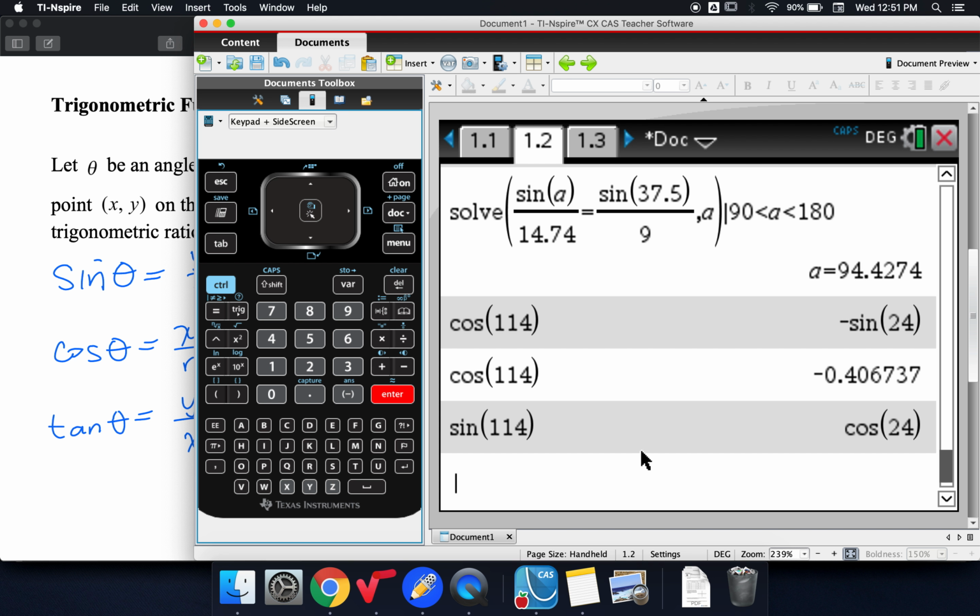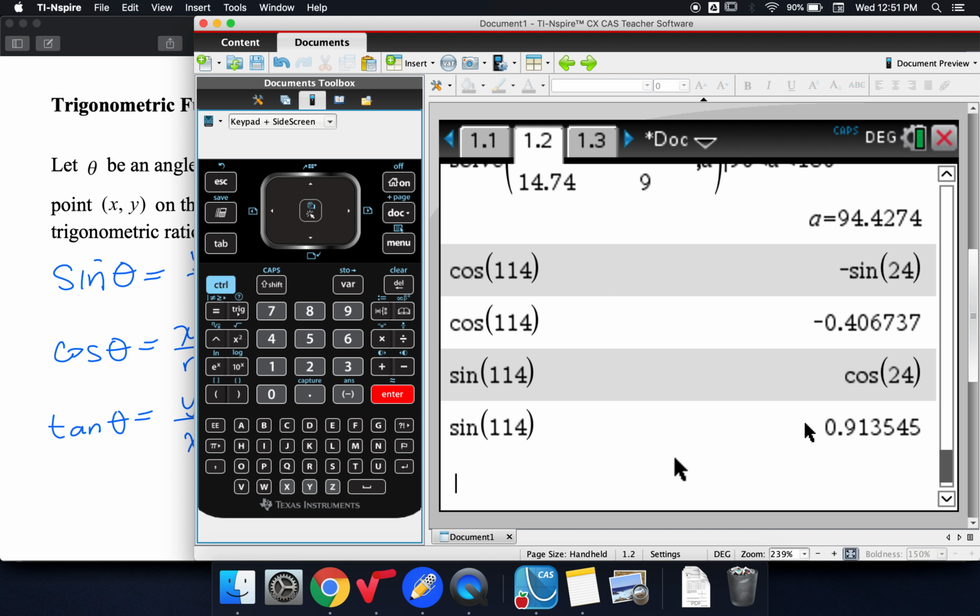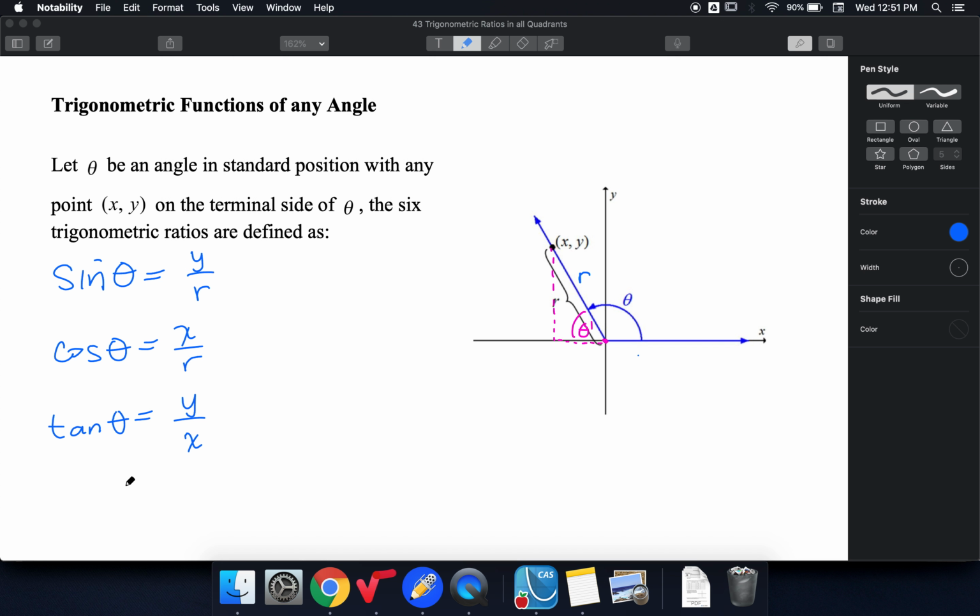Your calculator is so funny. But if I control enter that to find an approximate value, we get 0.91 as our ratio. And that makes sense because 114 degrees would be up here, so my opposite side would be nearly as long as the adjacent side.